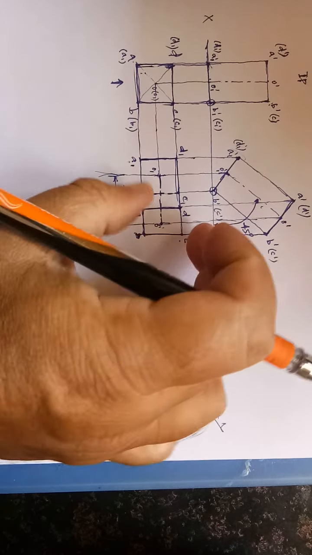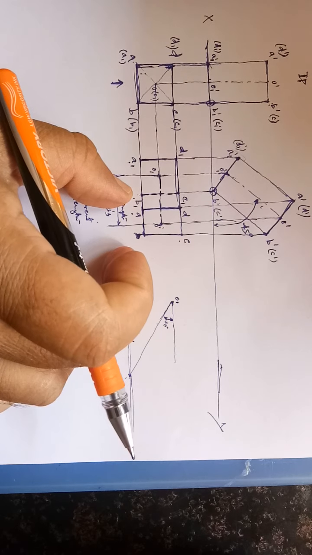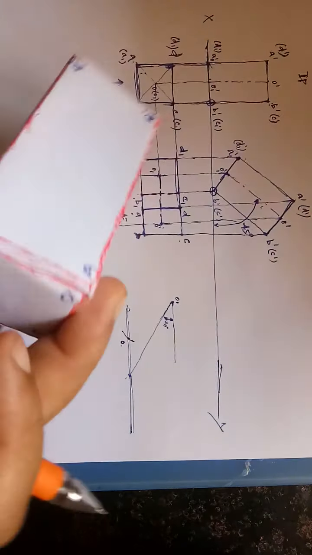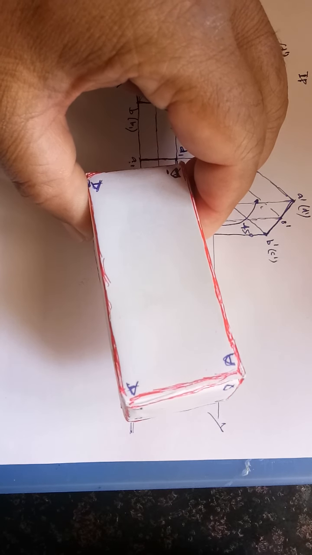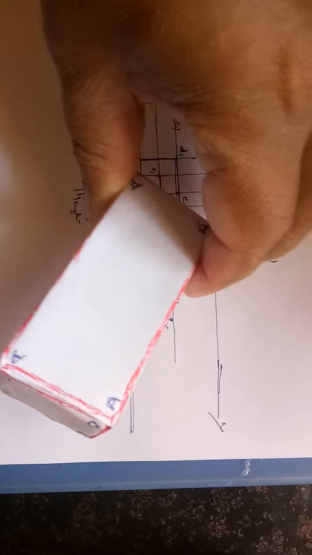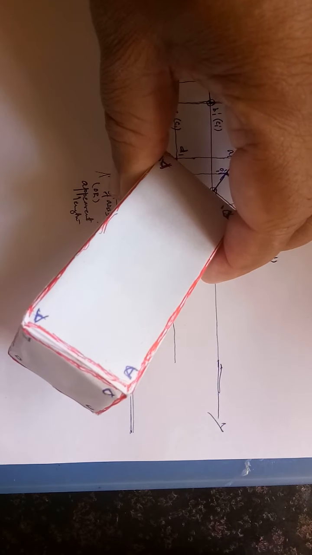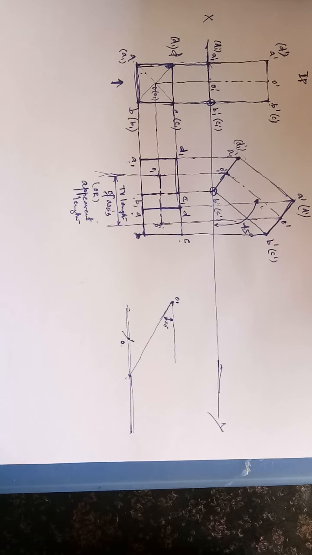That means you are tilting this top view like this. Here the axis is inclined to HP. Now you are tilting it like this, so the top face is coming towards you. This is how you are tilting.